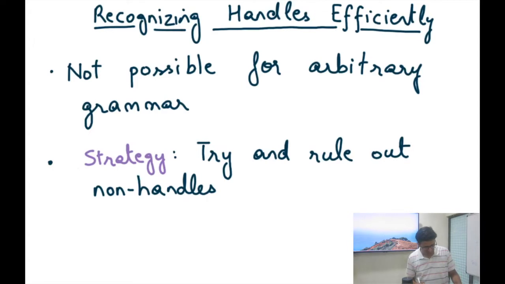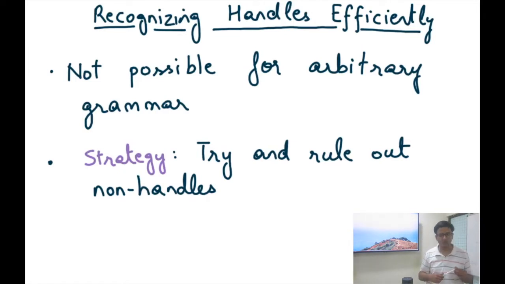Now, the strategy that algorithms would typically use is to try and rule out things that are definitely not handles. So maybe there's a class of grammars for which we can say that, okay, this cannot be a handle. And if we can say that, then whenever we have a choice, we can consult this database of non-handles and see, is this a non-handle? If it's a non-handle, then we can say, okay, then we need to just shift, or reduce, depending on what is a non-handle and what is a handle.